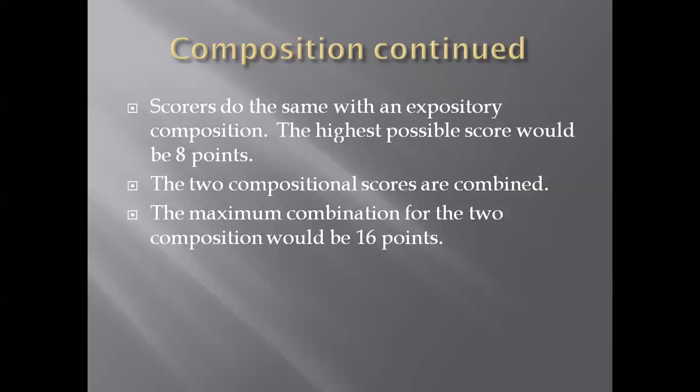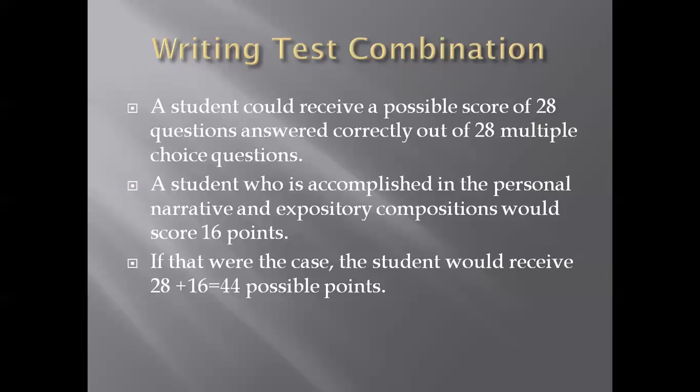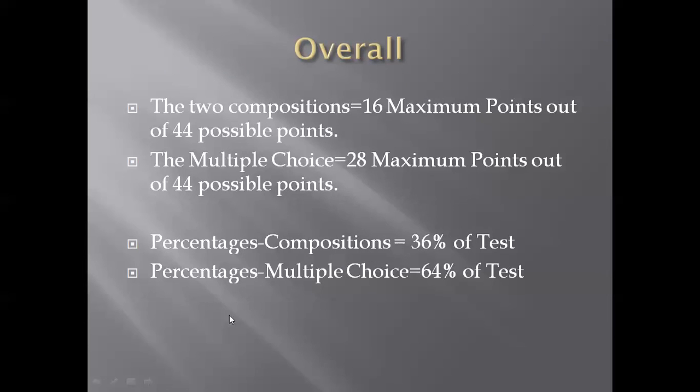Think of it as being based on 44 points. So we have 28 questions from the multiple choice plus the 16 from the compositions equals 44 possible points. And so that's how we come to that 44.